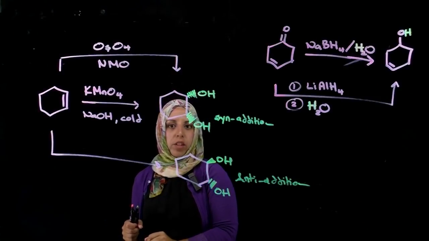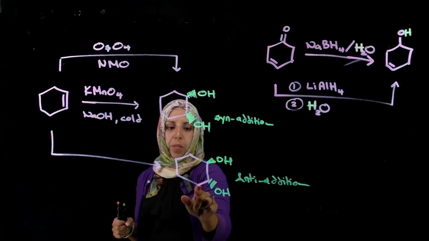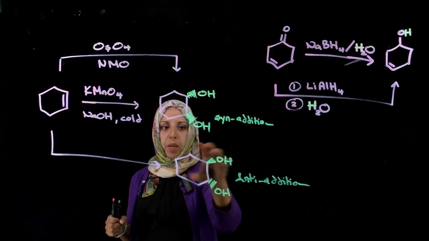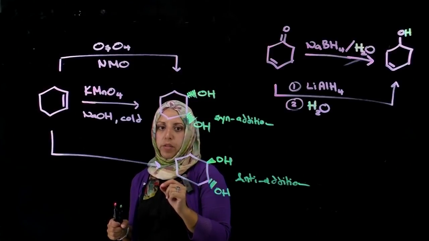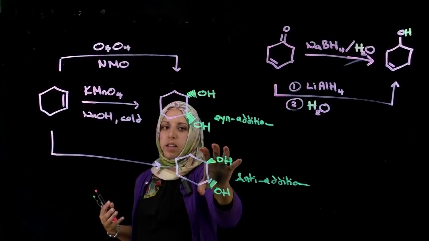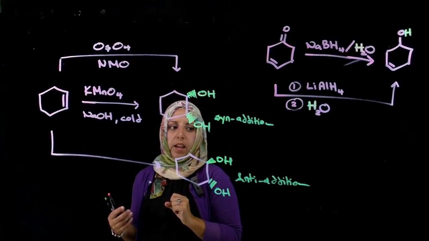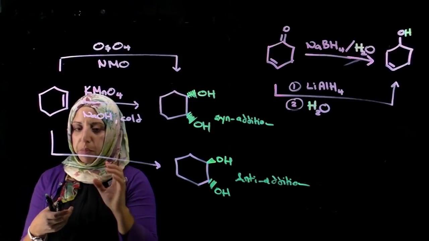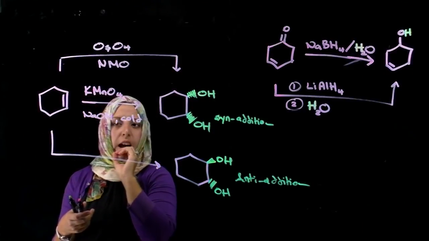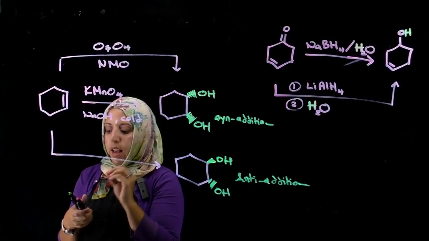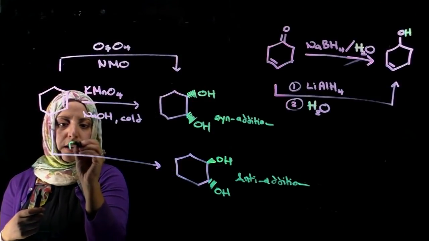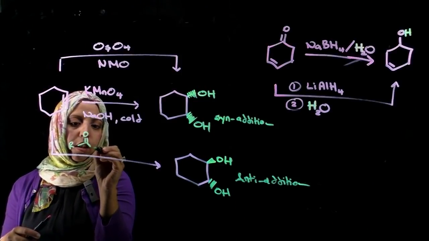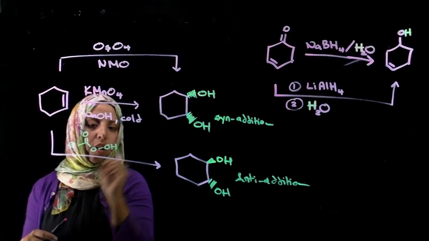Recall halogenation. It goes through a bromonium ion bridge, and if you open up that bromonium ion bridge, you end up getting an anti-addition. Recall ring opening of an epoxide. Those two groups end up being an anti-addition. Well, in dihydroxylation, what we end up using is a reagent that has a peroxy acid. A peroxy acid is R, being a carbon chain, but that molecule has a carbonyl oxygen, an oxygen, and an alcohol group, right?